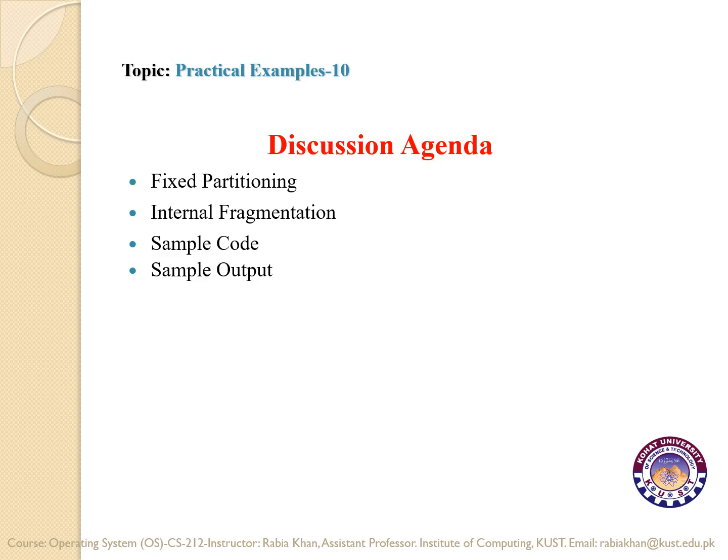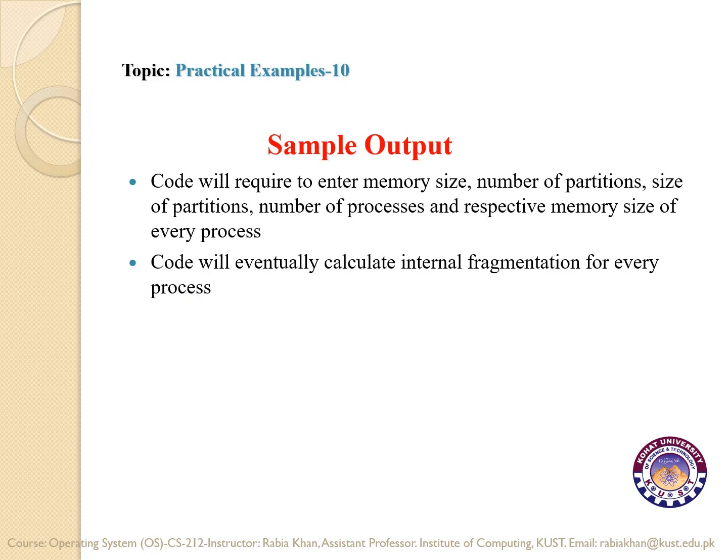Now let's see what the possible output can be. Once you execute the complete code as provided in the Word document, it will ask you to enter some information. For example, you would be asked to enter the memory size, the size of the memory that you want to divide among different processes. For example, you have 8 MBs, or 20 MBs, whatever size you would like to divide among processes.